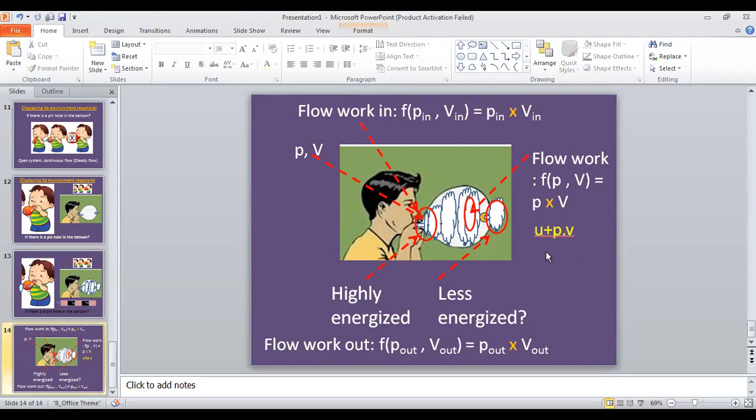So after doing the flow work, this may have only U, but at this point it has U plus PV. Okay, good. So U plus PV out is here, so I just put it here.